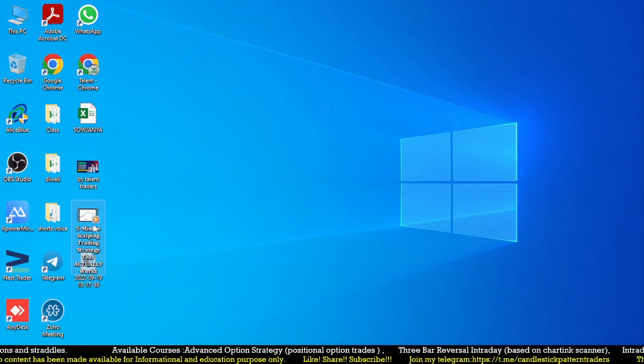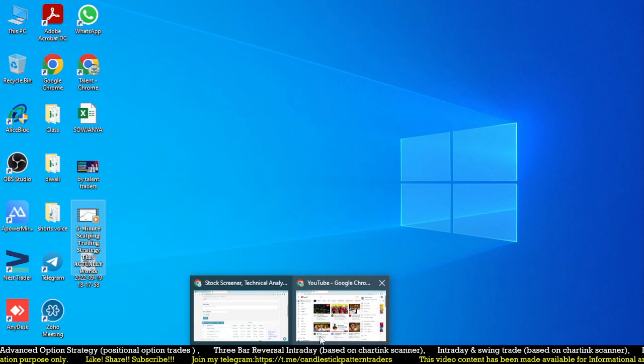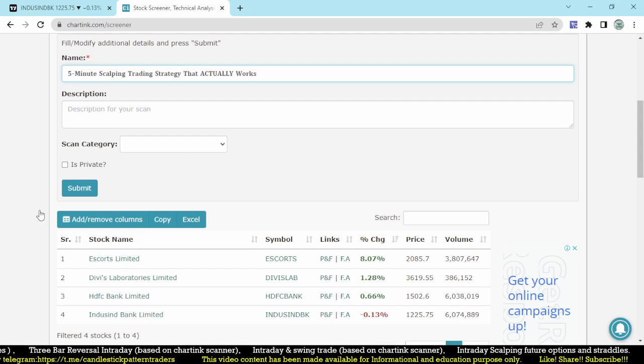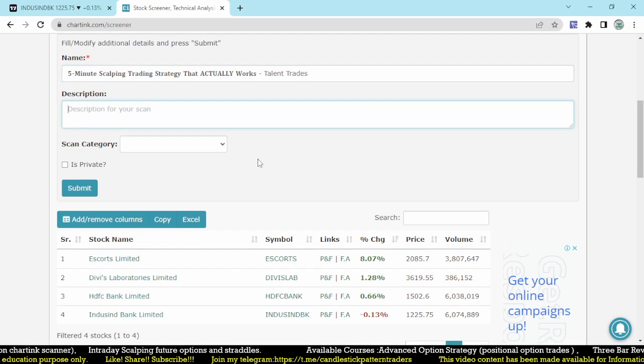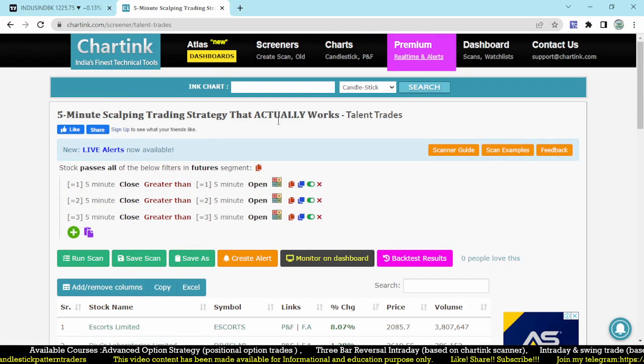So yeah, let me copy this. 5-minute scalping strategy that actually works by challenge traders. This is the scanner name, you can make use of the scanner. First I have saved that one, the 5-minute scalping trading strategy that actually works, right?